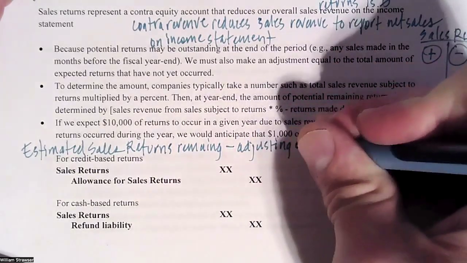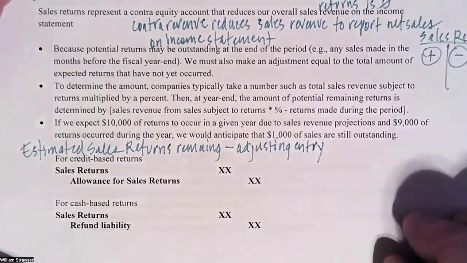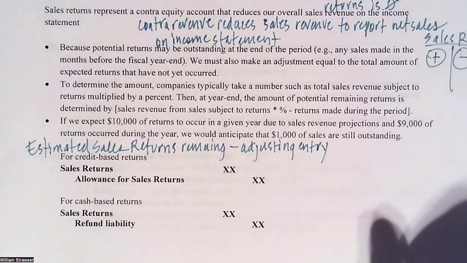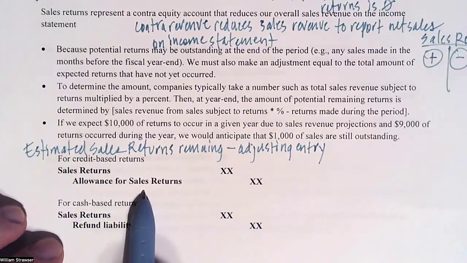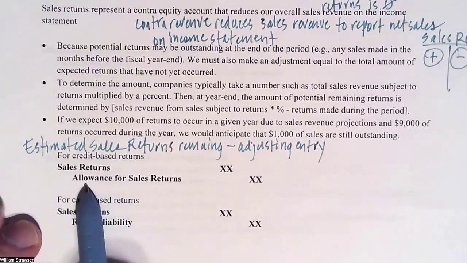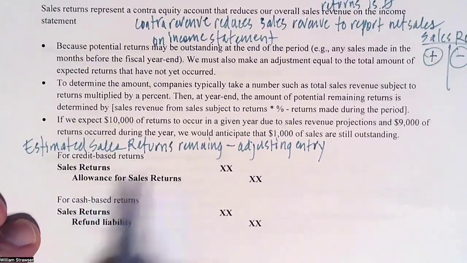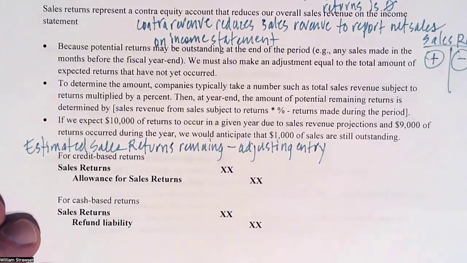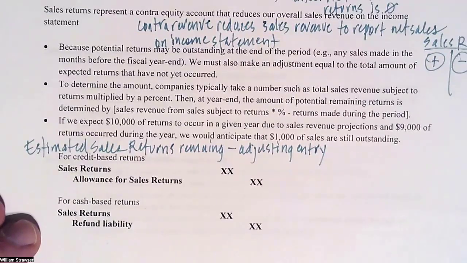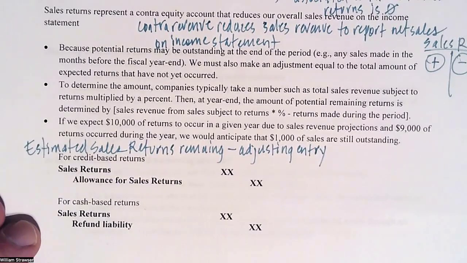So now there's two adjustments that have to be made with respect to credit sales. The first is allowance for bad debt expense. The second is more sales returns that could potentially happen in the next period, and credit the allowance for sales returns as that rolling estimate of items that have yet to be returned but could potentially be returned.